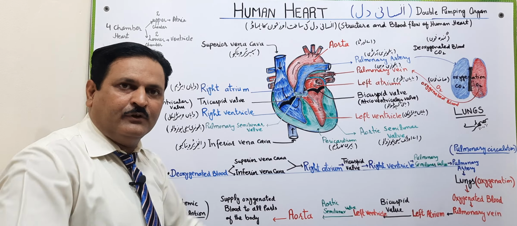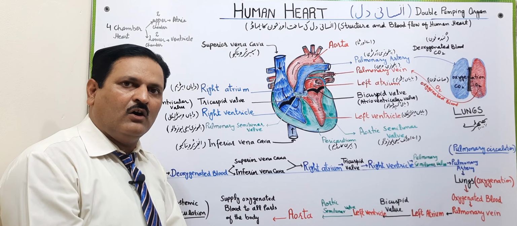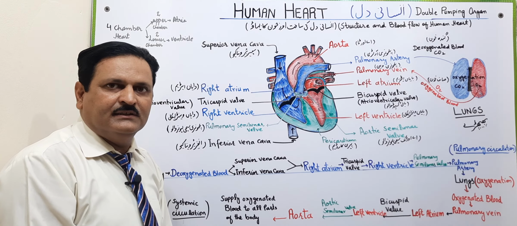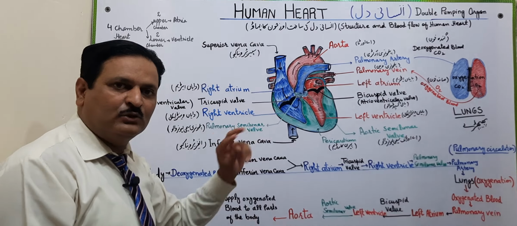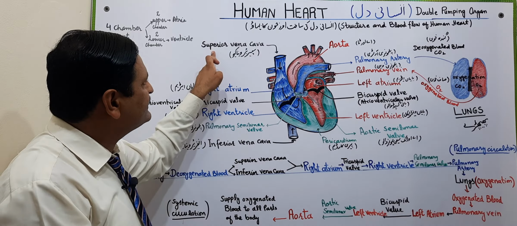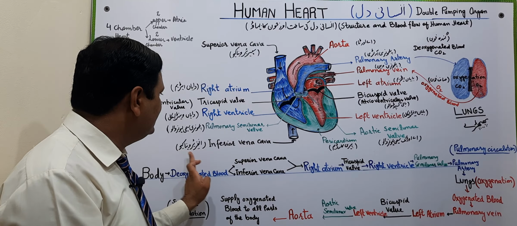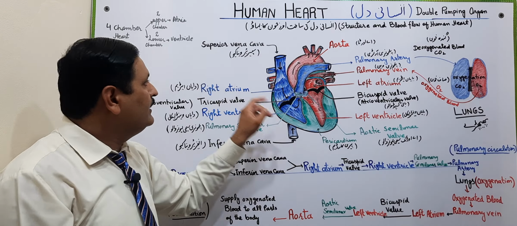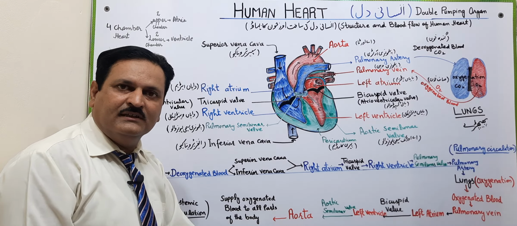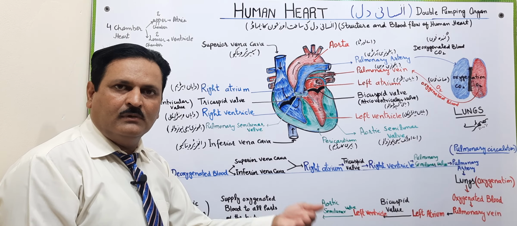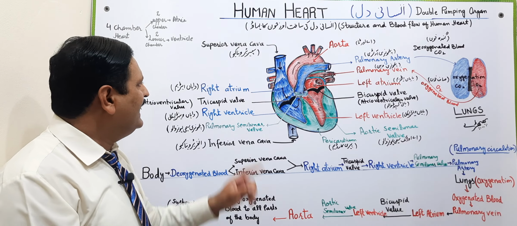The blood from all the different organs and systems of the body comes into the heart through two vena cava. One is the superior vena cava and the other is the inferior vena cava. Both these vena cava receive deoxygenated blood from all parts of the body.